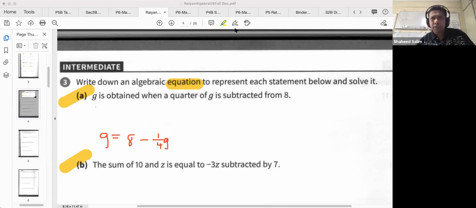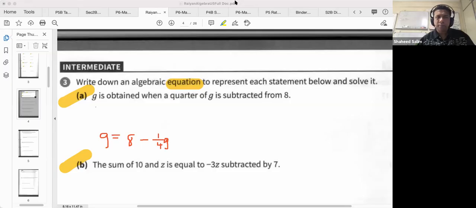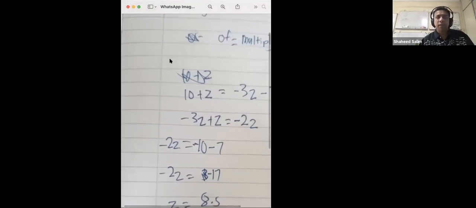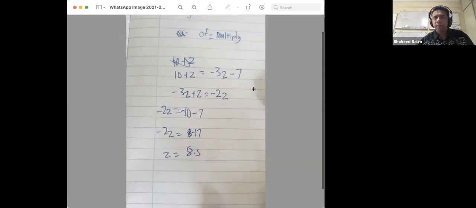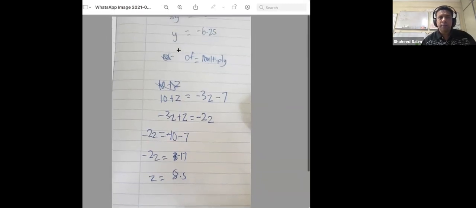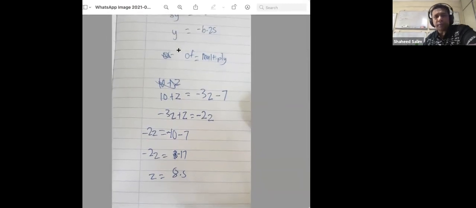Okay, so we check. So this is your paper, right? Okay, we see what the 10 plus z equals to minus 3z minus 7, is it? Let's see. The sum of 10 and z. So you're correct in the first one.